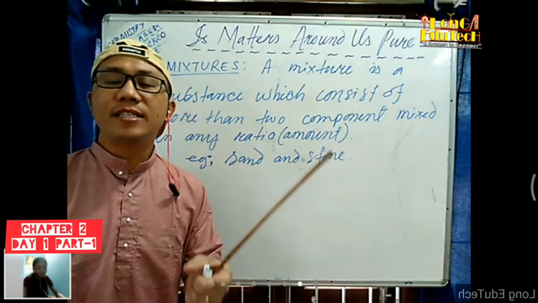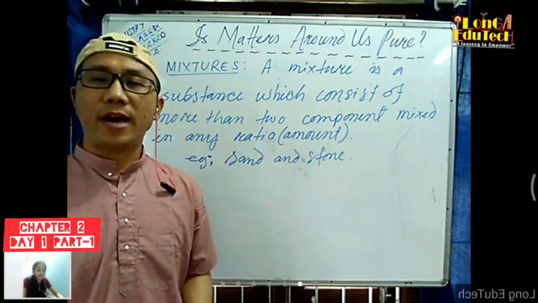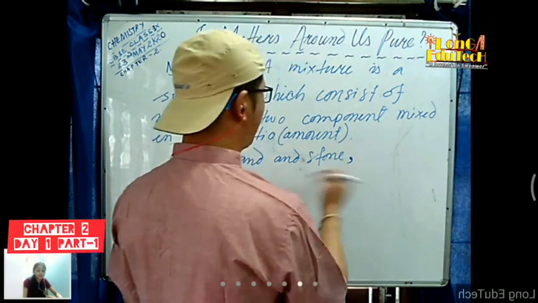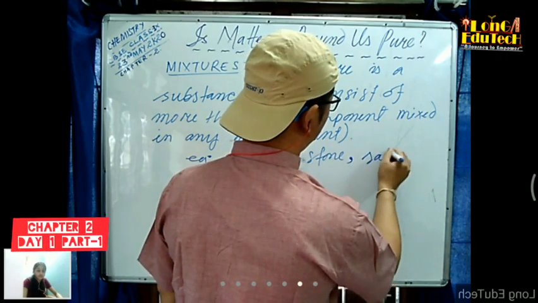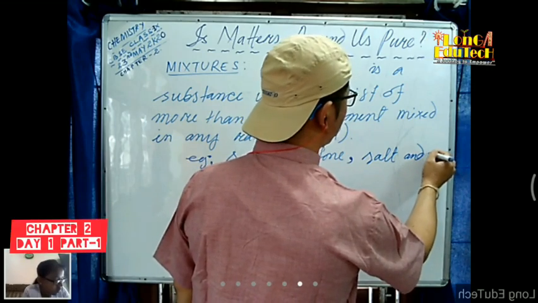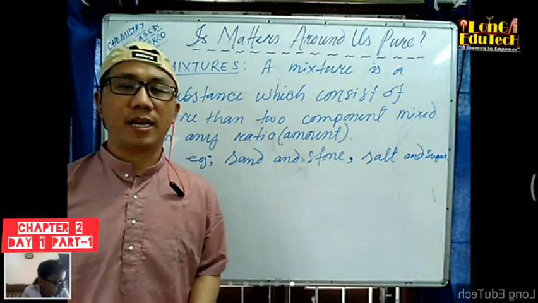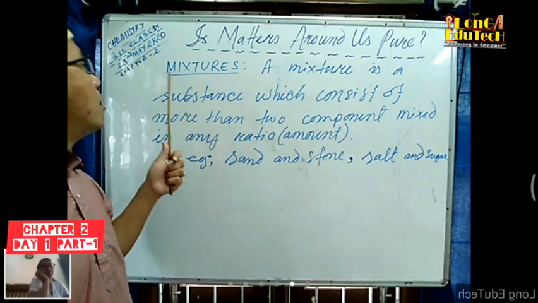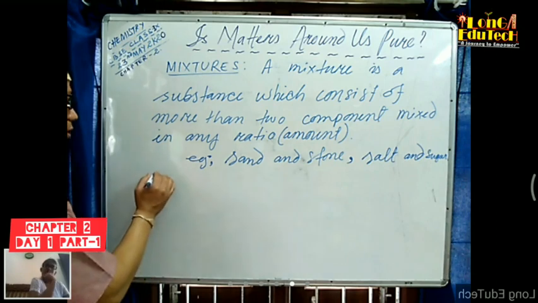Some characteristic properties are there for a mixture, and we have to learn them. Other examples we can write are salt and iron, and salt and sugar also, no problem. Many other mixtures are there. We will learn in detail what the properties of a mixture are.